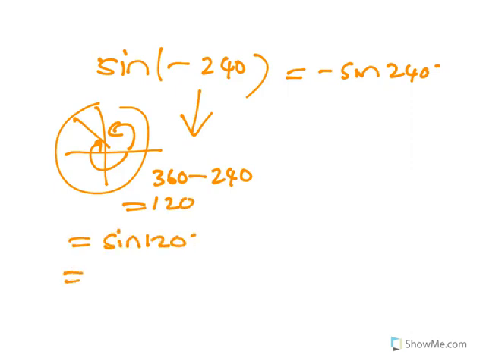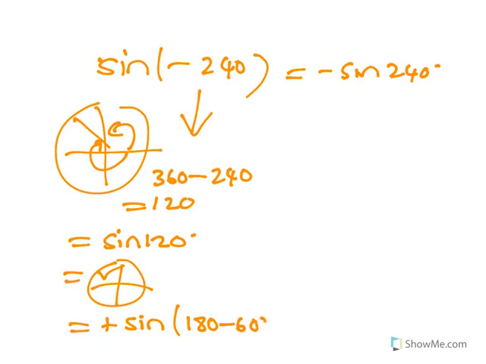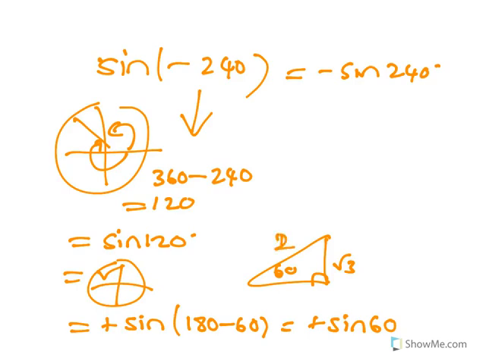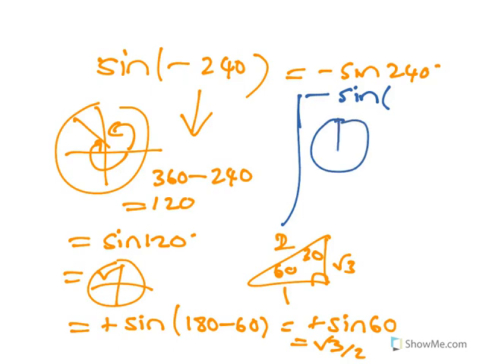Sine of 120 is in that quadrant, so it's going to be positive sine, and the acute angle is 60. So sine 60 is equal to root 3 on 2. If I did it the other way and pulled the negative out, then I'm looking at sine of 240, which is in that quadrant.